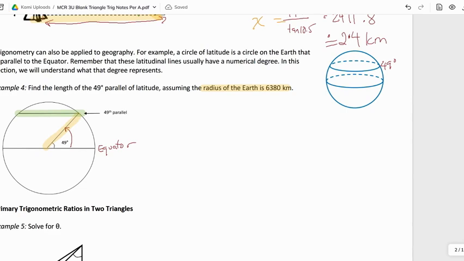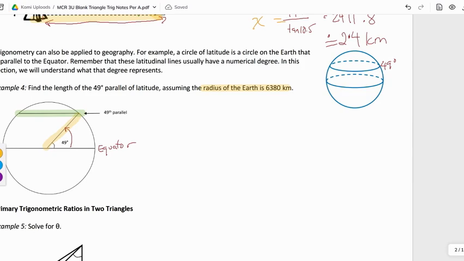This picture here is a three-dimensional picture where you can see the full circle. That green line is connecting one edge to the other edge. Is it the circumference all around or is it the diameter? It's the diameter. In this case, you're being asked to find the length of the diameter at the 49th parallel.